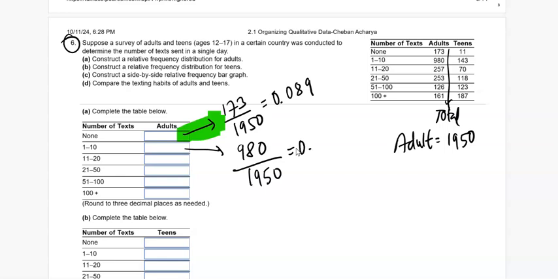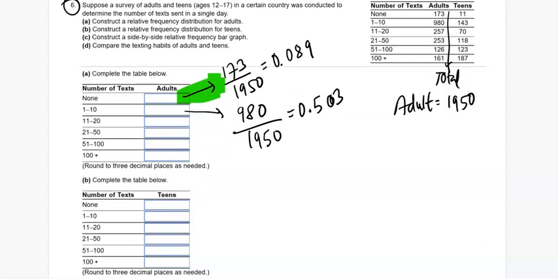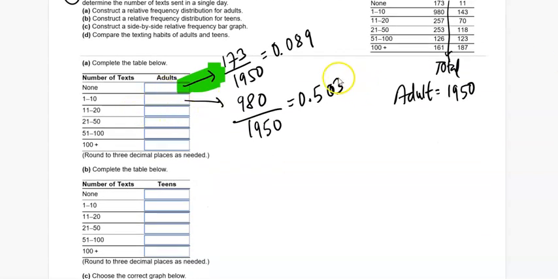You get 0.503 if you round it to 3 decimal places. Similarly, you find all of the relative frequencies, and if you add all these relative frequencies, the total is supposed to be 1. You don't have to add it, but you can check your answer. So this is part A. I'm not going to do the rest, you do the other similar ones.